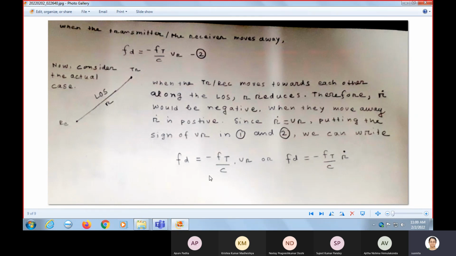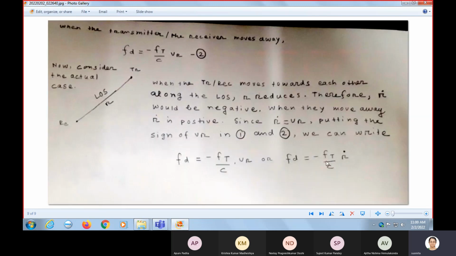Combining them, we can write this as the Doppler. When VR is negative, this is negative, negative, positive, and we get this one, positive. When VR is positive, that means they are moving away from each other, then automatically this is negative. So this equation shows both the cases.